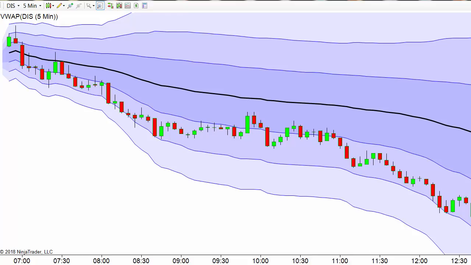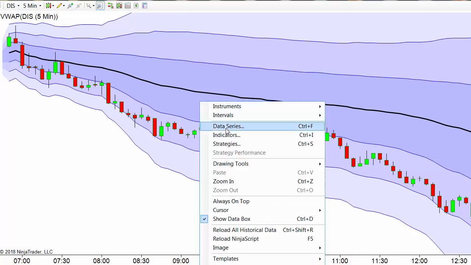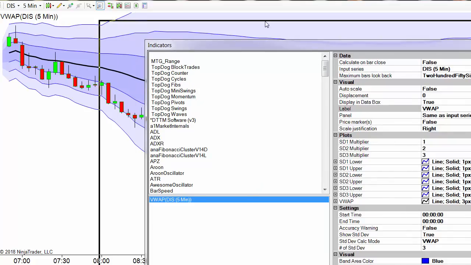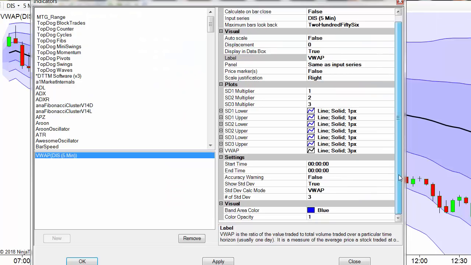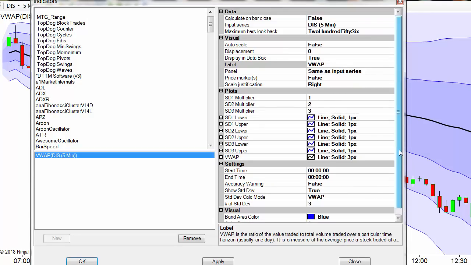Now, one of the other things I want to show you real quick, because it applies very much to today's video, is how we set this indicator up. It's amazing to me, but a lot of people don't use this. On mine, I am using the standard deviations, multiplier 1, 2, and 3, and that's very key to what we're going to use in our trading today.